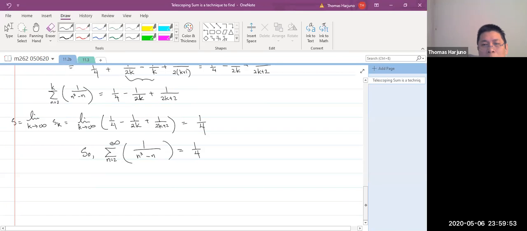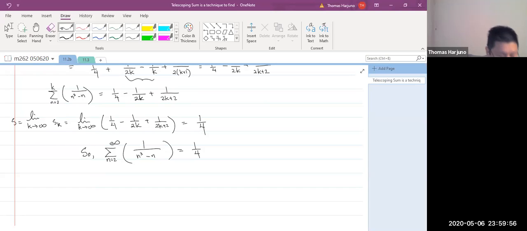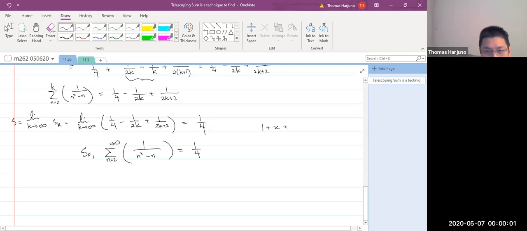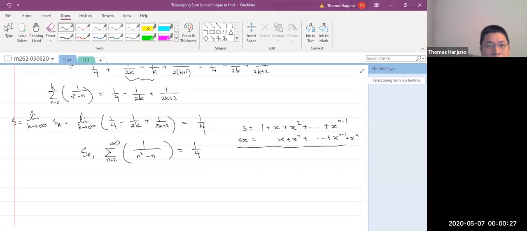Remember the proof that I gave you for the sum of geometric series? 1 plus x plus x squared all the way to x to the n minus 1. If we call that s, the geometric sum, then s times x is x plus x squared all the way to x to the n minus 1 plus x to the n. When I subtract this, notice that this guy cancels, this guy cancels, right?